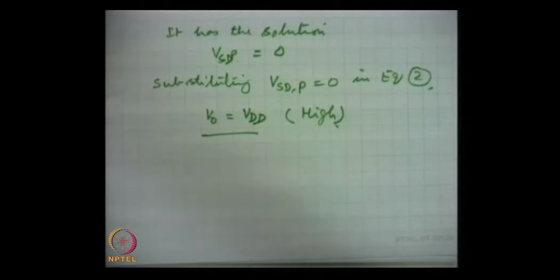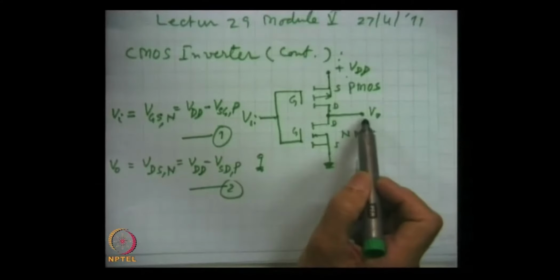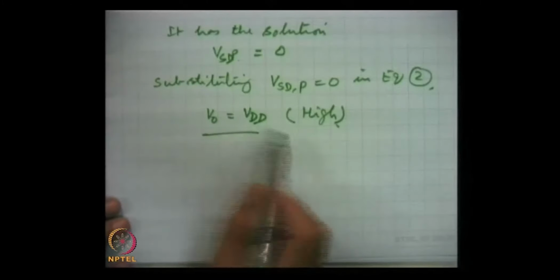This is what we expect from the inverter: when the input is low, the case under consideration, it results in high output, and this is what we are getting.